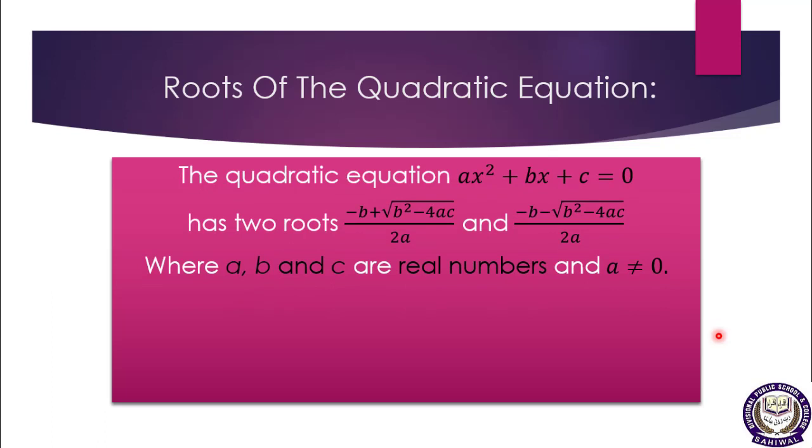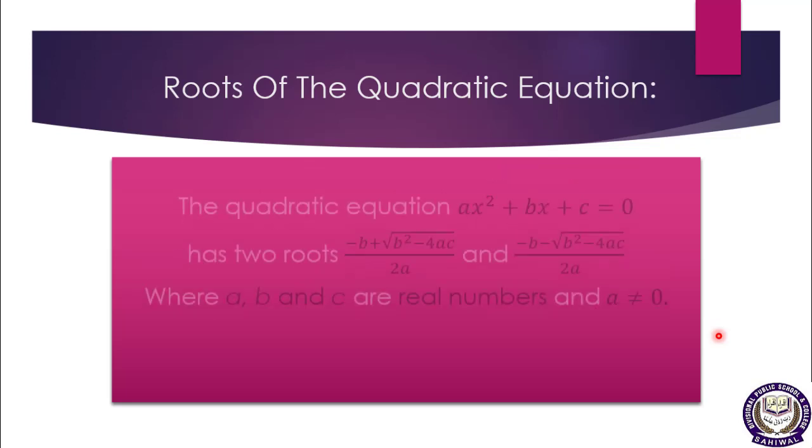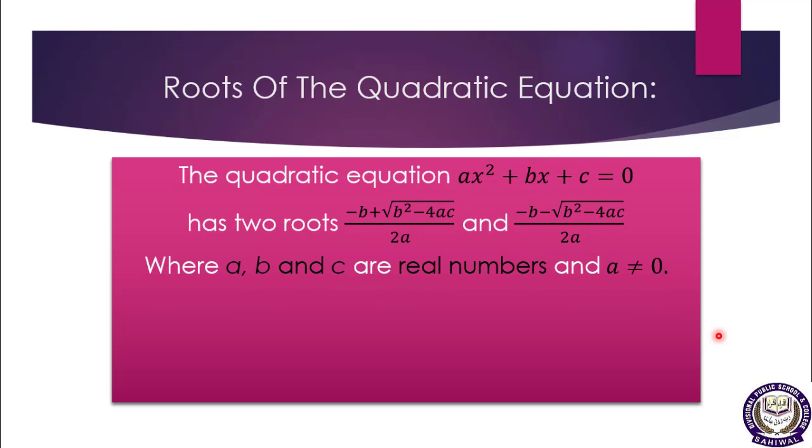The quadratic equation ax square plus bx plus c equal to 0 has two roots.